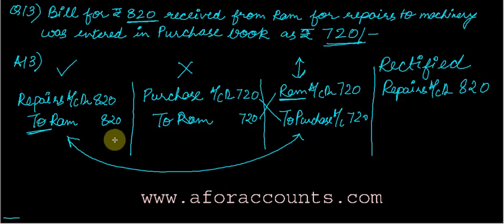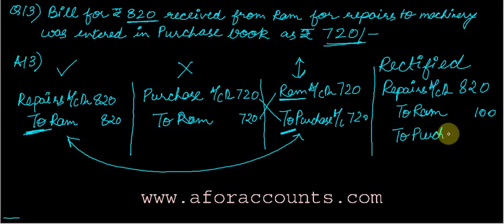So what do I need to do first? The credit is more, so I am left with the difference here. 820 minus 720 is 100 and the credit balance is more, so I will credit Ram's account only with 100, to Ram 100, and I am left with purchase here, so to purchase 720.